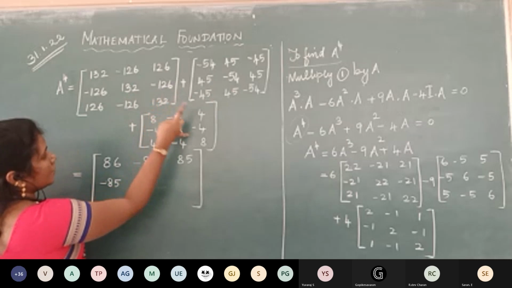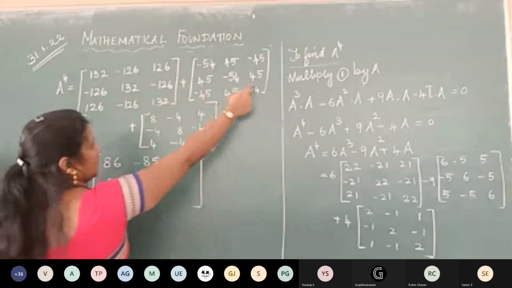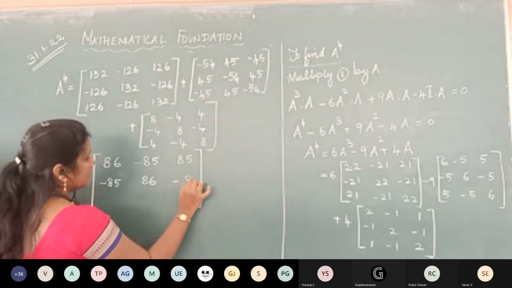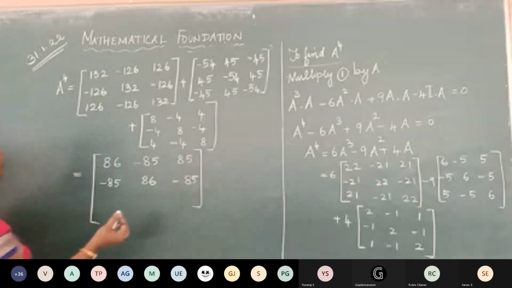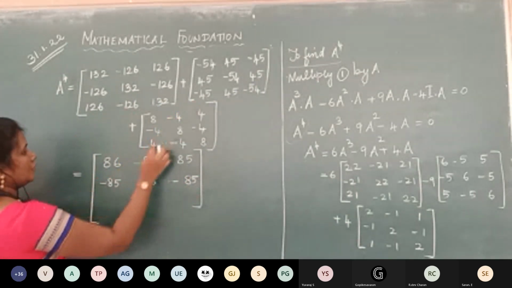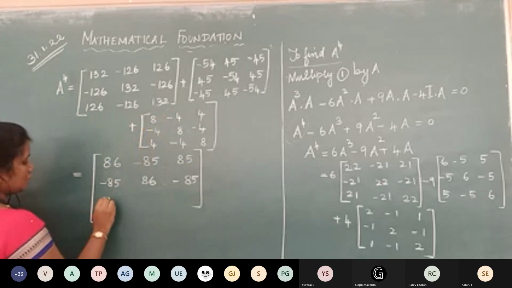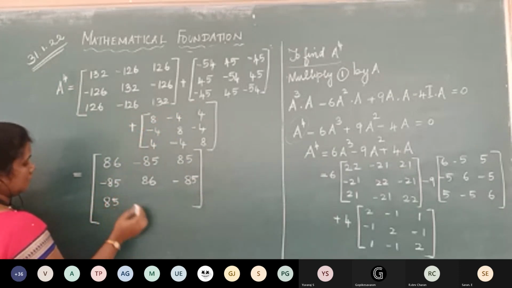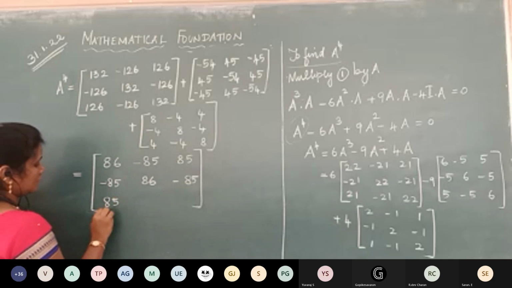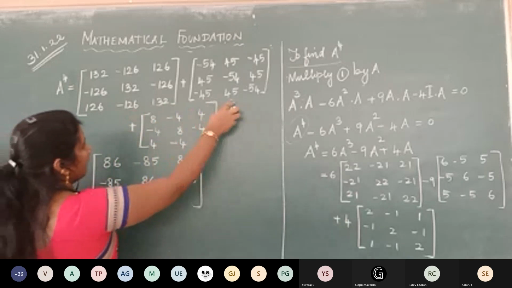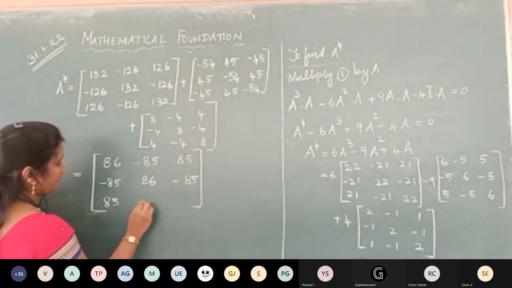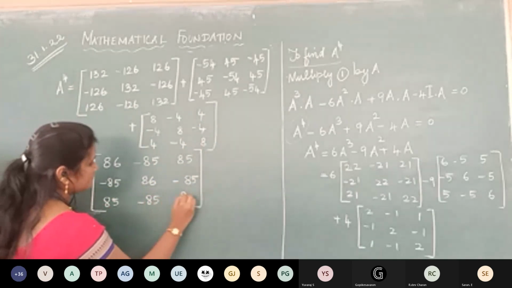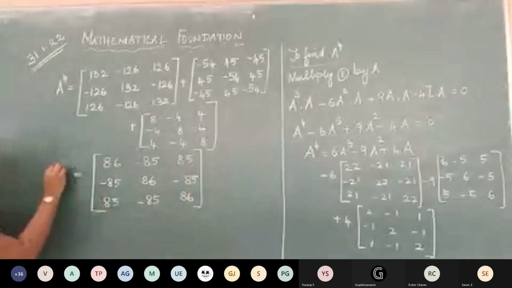Minus 126 minus 4, minus 130 plus 45, minus 85. Do it. 130 minus 85. This is your A power 4.